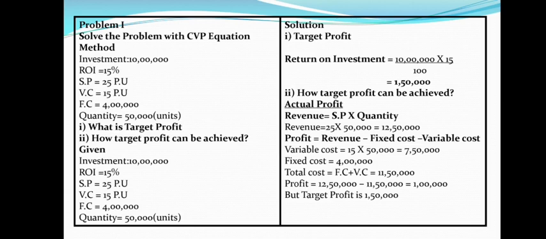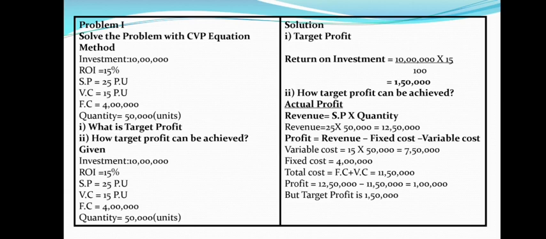Variable cost per unit is 15, so 15 into 50,000 equals 7,50,000. Fixed cost is already given in the question, that is 4 lakhs. So total cost equals fixed cost plus variable cost, that is 11 lakhs and 50,000.